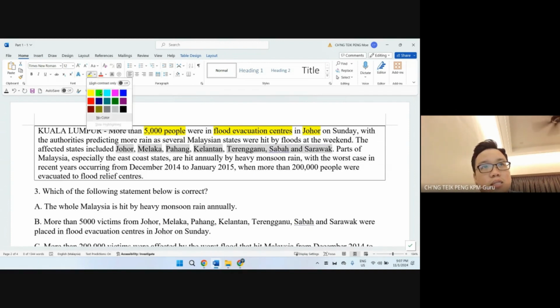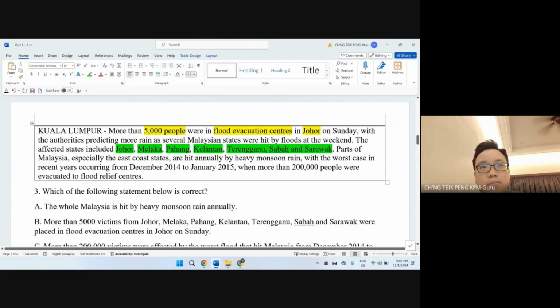Okay, so this is additional information. And after that, the text gives us another piece of additional information.